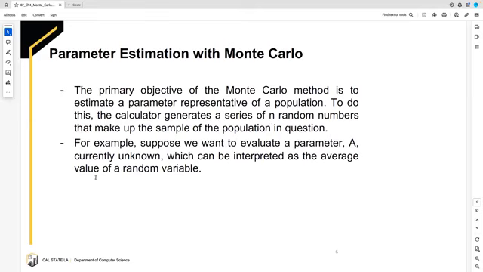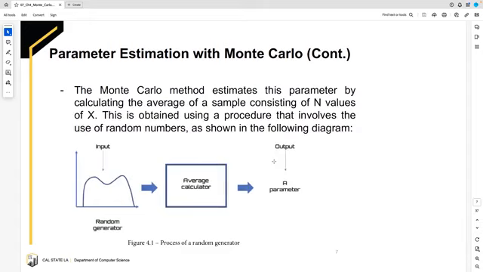Here, for example, we suppose that we want to evaluate a parameter A, currently unknown, which can be interpreted as the average value of a random variable. So let's say you have that unknown parameter A, and by using some pseudo-random number generators, you create some samples with some distributions.